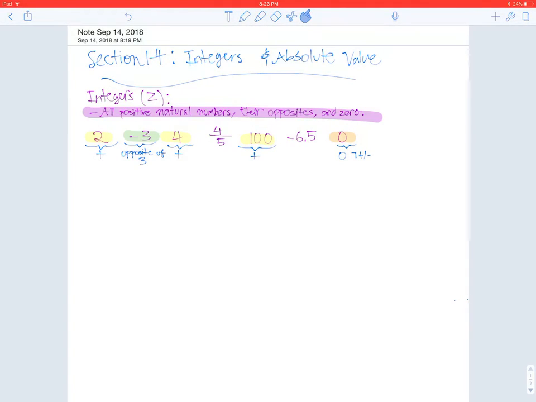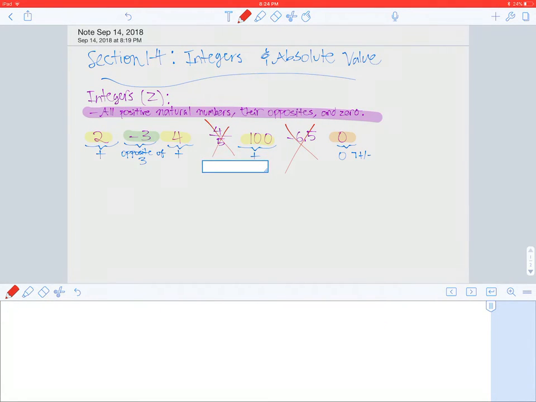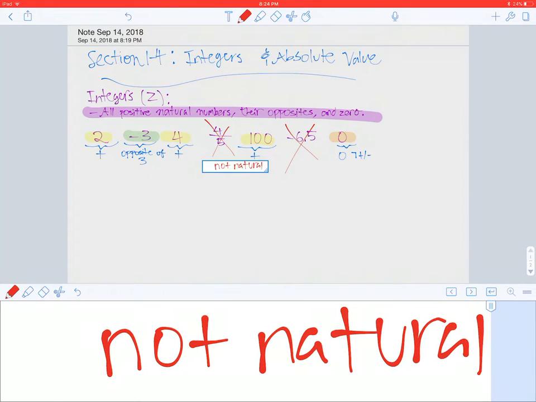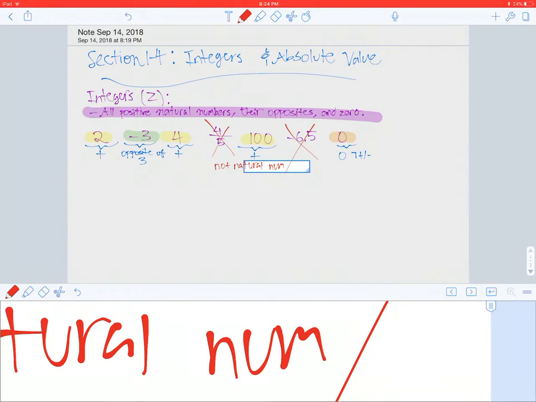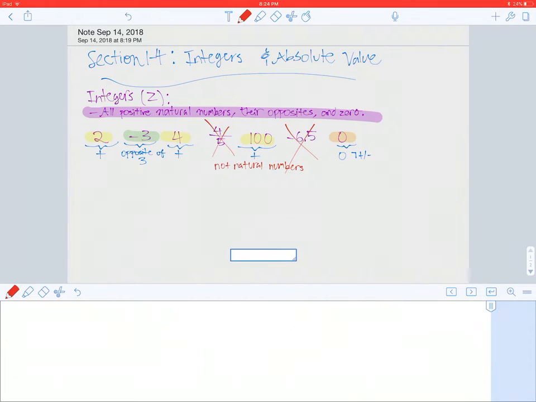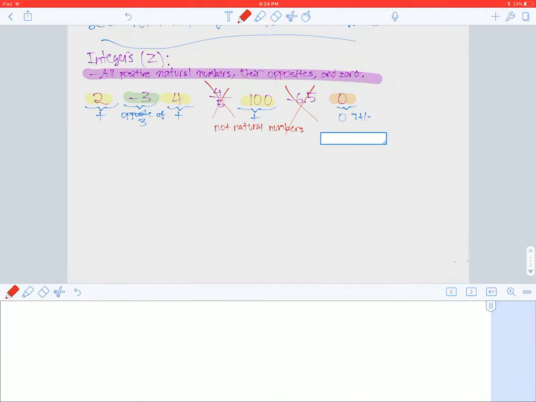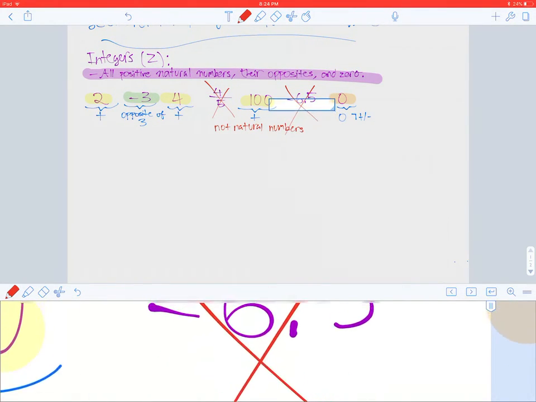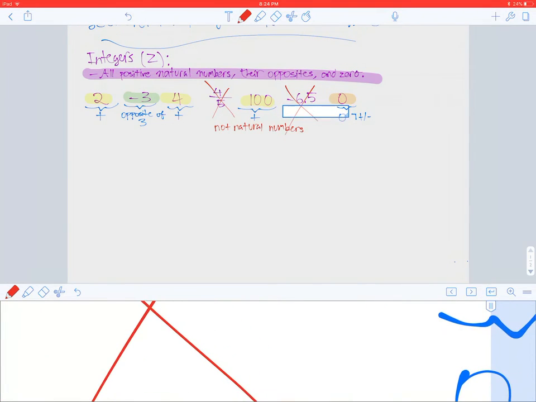So how about these two right here? These two remaining ones are not integers, because 4/5 and -6.5 are not natural numbers. You don't use them to count. -6.5, the opposite of that would be 6.5.